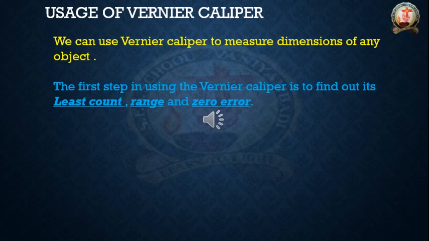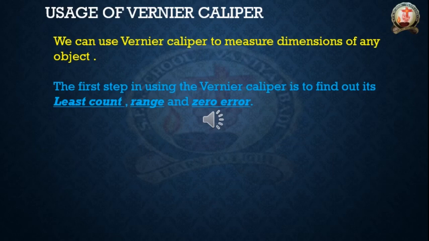So I told you now, before going to measure the dimensions of any object by the use of vernier calipers, you have to know some properties of that vernier calipers you are using. What are those properties?